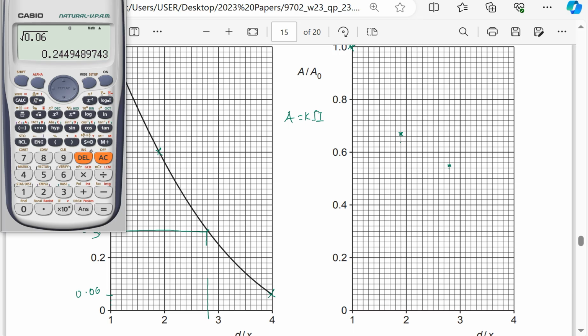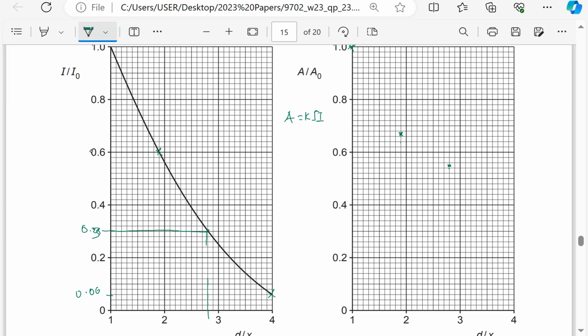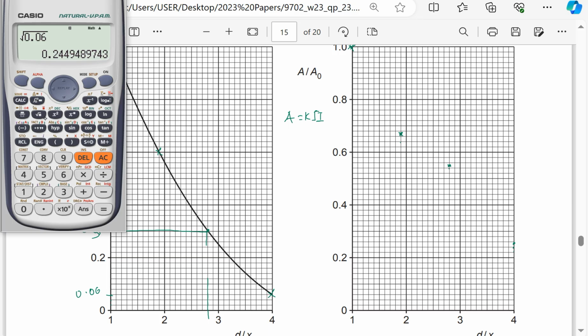So we have 1, 2, this is 0.25, approximately here. I need to check this again. Root of 0.3, 0.5.